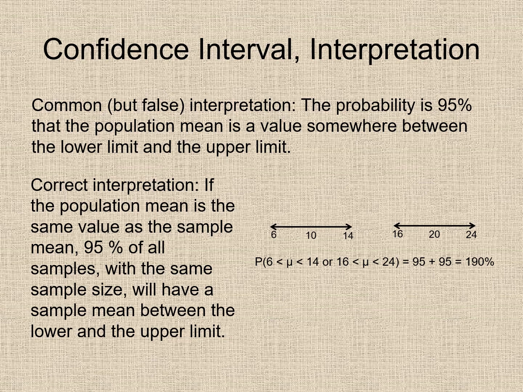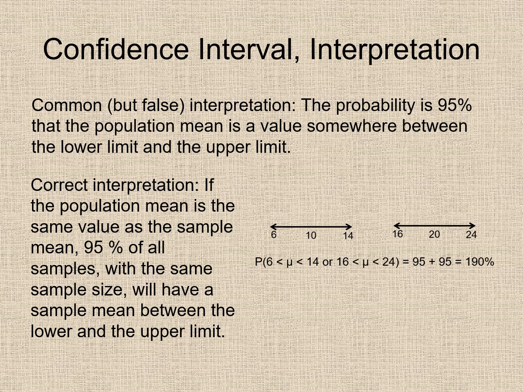So the confidence interval is actually not an estimation of what the population mean might be. It's an estimation of what sample means will be if the population mean is exactly the same as the present sample mean.